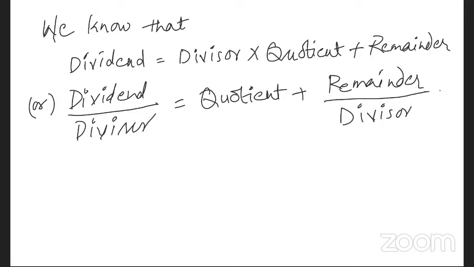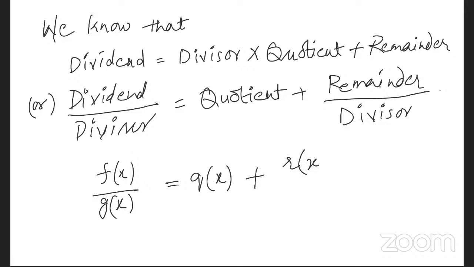Clear? So this is of the form f of x by g of x is equals to q of x, where q of x is the quotient, plus r of x by g of x, where r of x is the remainder. Okay. Now we shall do problems based on these two cases.